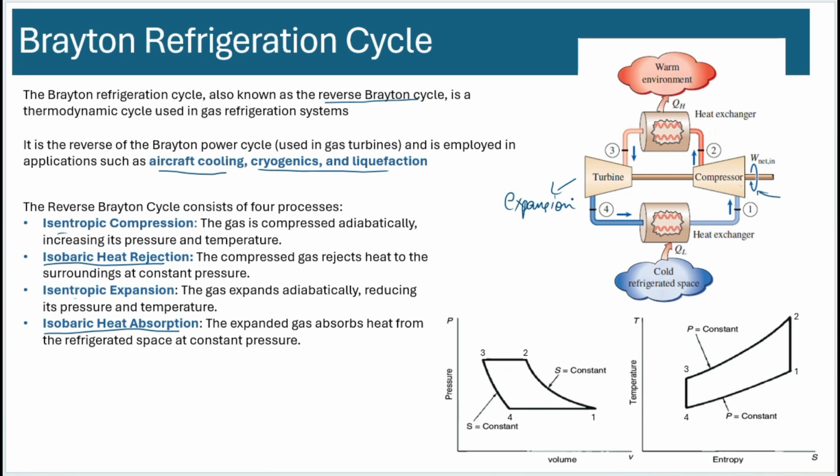So isentropic expansion is much better than isenthalpic. If you are able to put a turbine instead of just a throttling device, you'll get much lower temperatures for such a gas refrigeration system. If there was no turbine, and instead of S equal to constant from 3 to 4 you get H equal to constant, an isenthalpic expansion, then the efficiency will be much lower. All right.